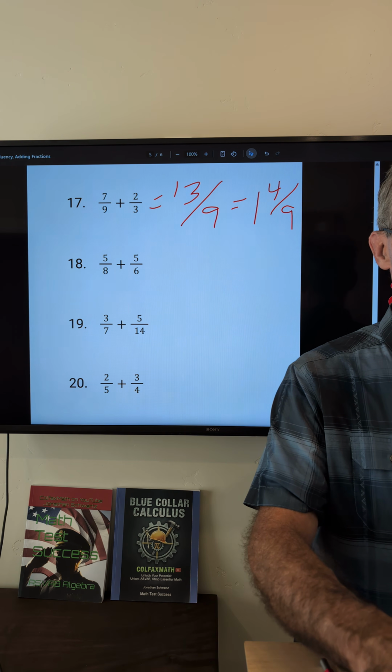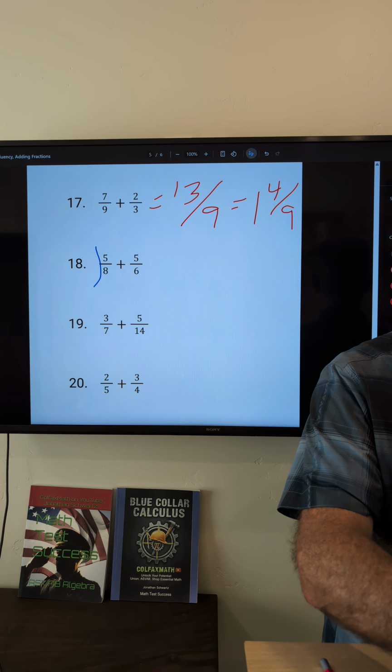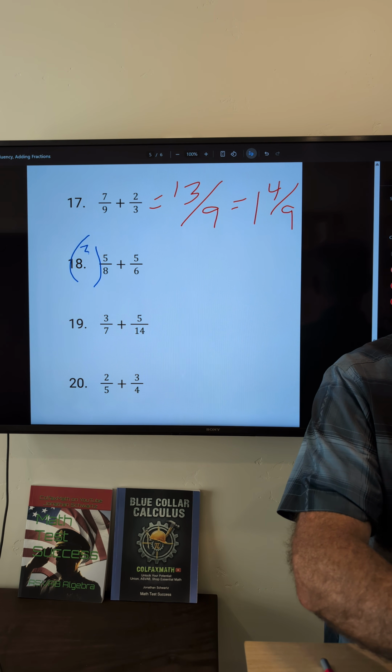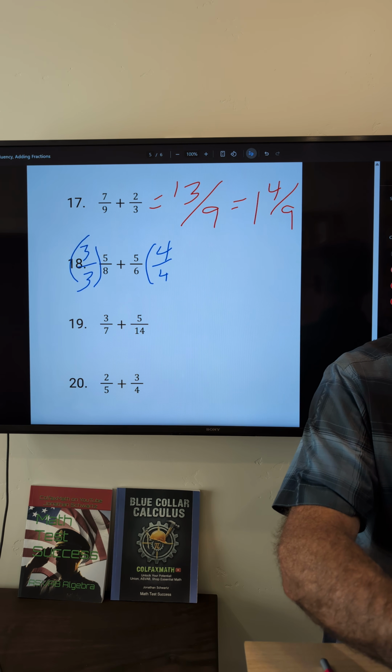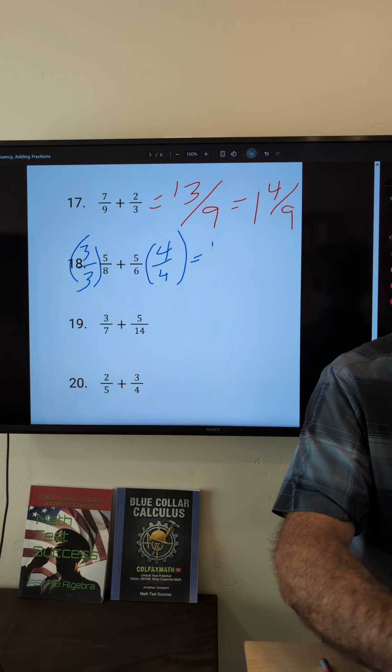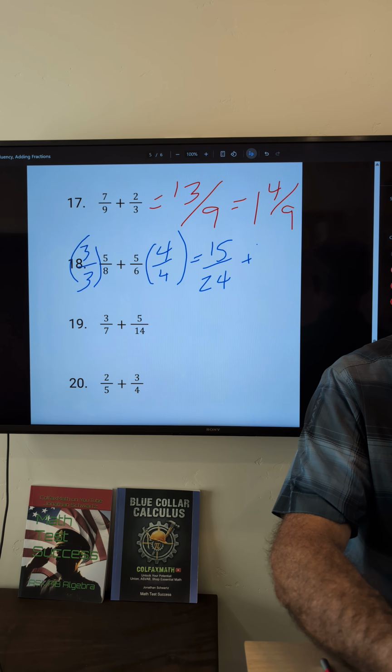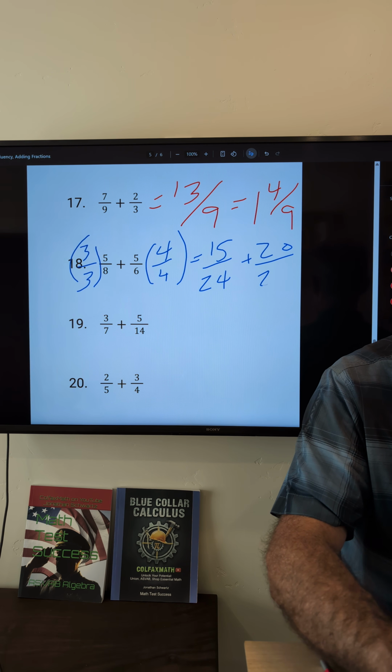I think on these I gotta do these out. 24 is going to be a number. I'm going to multiply by 3/3 and 4/4. That's going to give me 15/24 plus 20/24.